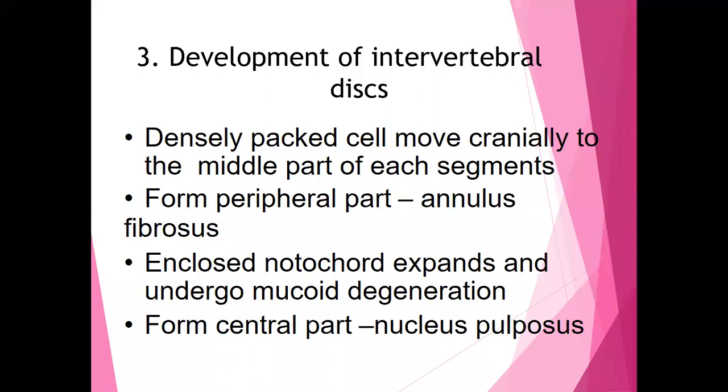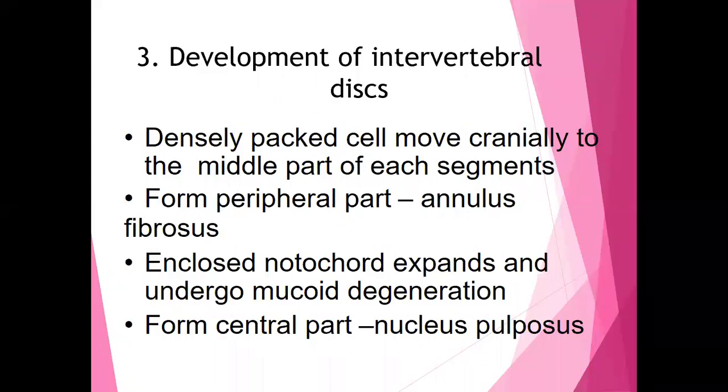What he just told you is that the upper part of every vertebra will be less condensed. The cells will be lying at a bit of space from each other, while the caudal portion of the same sclerotome will be tightly packed.